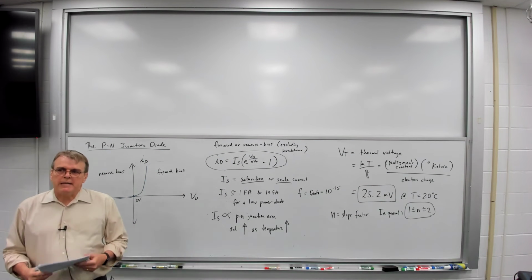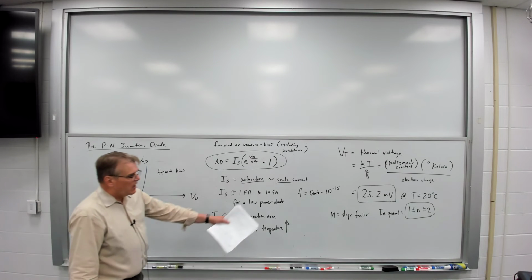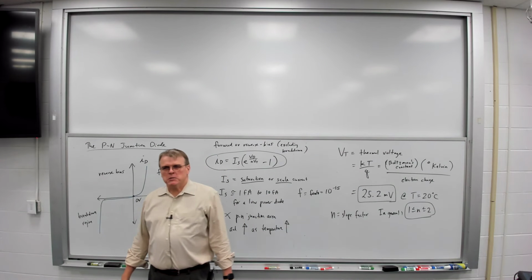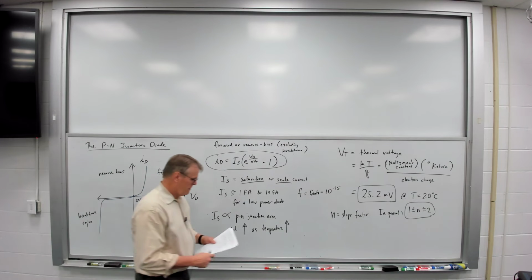For most of the diodes you'll normally see on standard integrated circuits, N is usually approximately equal to 1. And that's normally the number we're going to be using in this class.